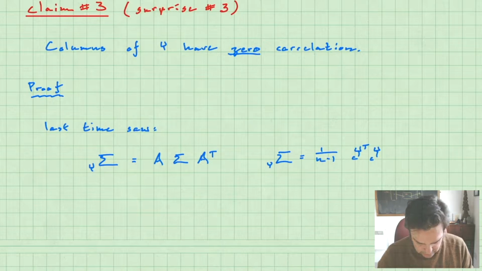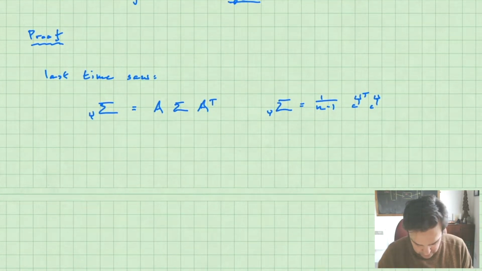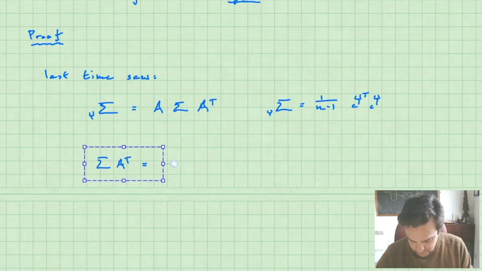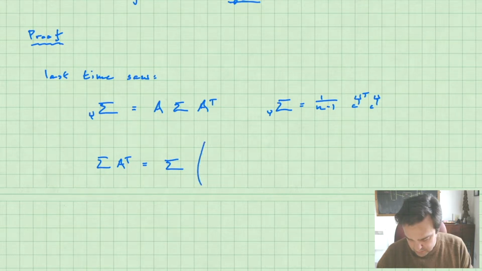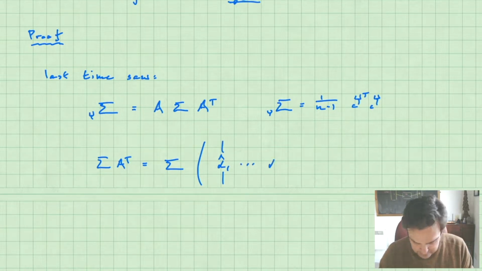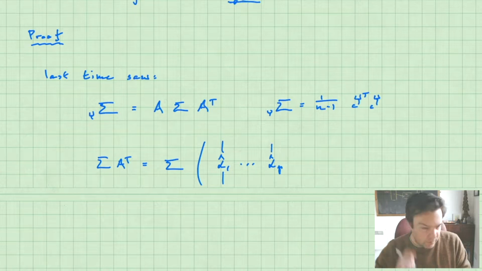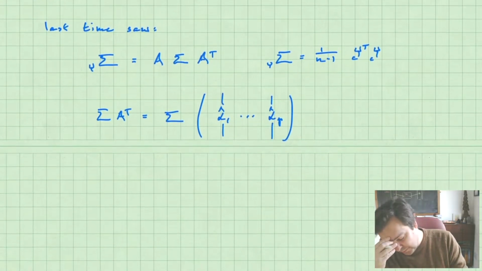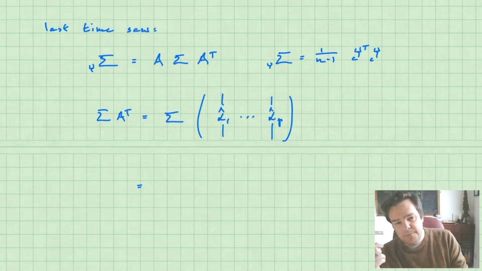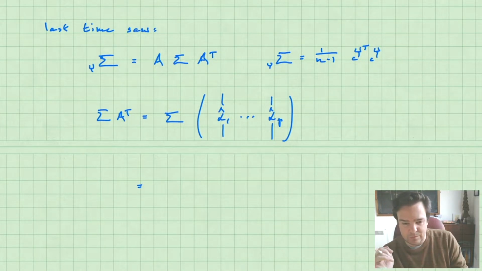And so let's take a look at the details of that matrix. If you look at sigma times A transpose, that's the matrix sigma times, and then I'll use my funny notation, all these columns, alpha hat 1 up to alpha hat p, again, where p is the number of variates. When you do the matrix multiplication here, the process is similar to just distributing the sigma through the matrix and multiplying it by each of the vectors one by one.